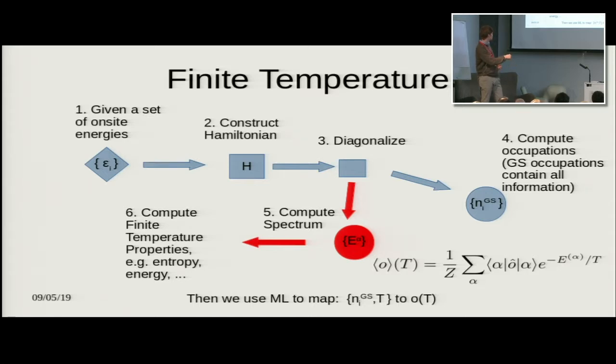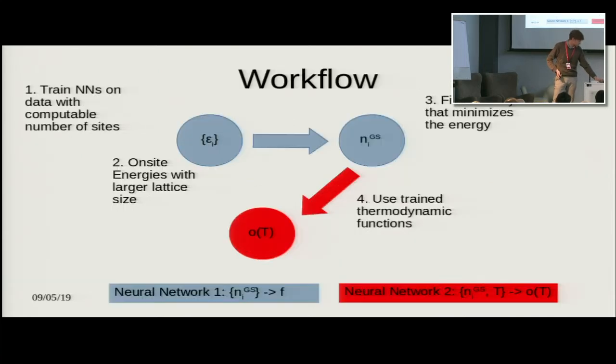Using this, we can compute the entropy, the expected energy, so any finite temperature properties. Then we use machine learning to map the ground state site occupations with temperature to the expectation of this operator at some temperature t. If you do this on the same lattice size, the results are really good. I don't actually show them here, but they're effectively exact.